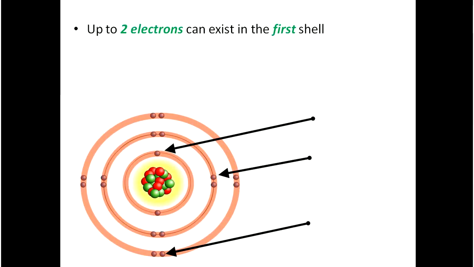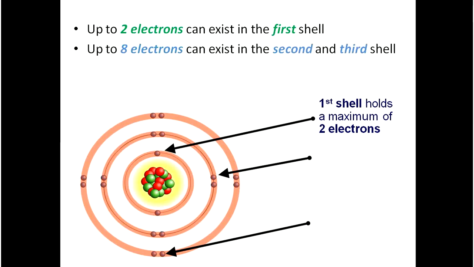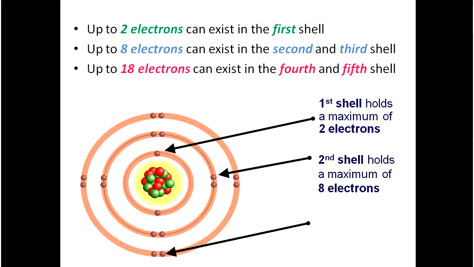The first shell contains 2 electrons, and this is the shell near to the nucleus. The second shell and third shell contain 8 electrons. And the fourth and the fifth shell contain up to 18 electrons.